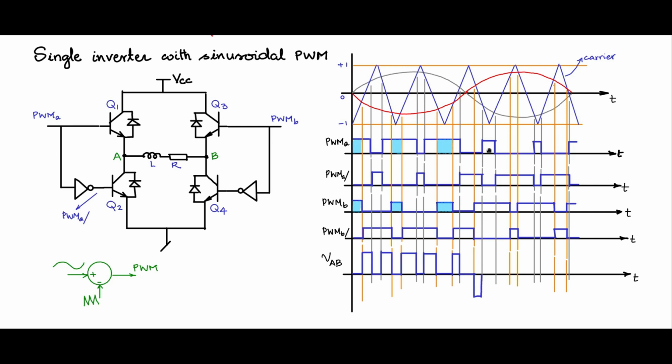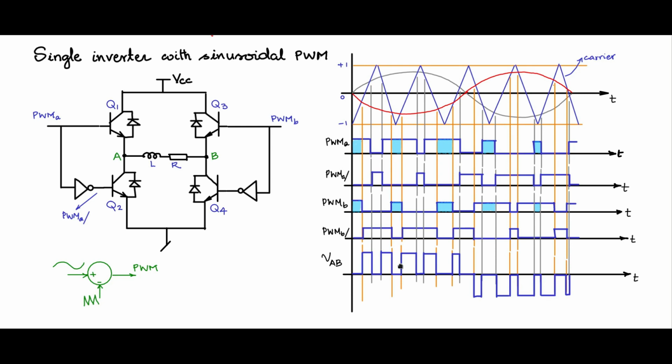And you have PWM-A and PWM-B coming in together, so 0. PWM-B is positive, PWM-A is 0, so you have negative, VAB is negative, and 0. Here again it is negative, 0, because these two cancel, negative, 0, so on.